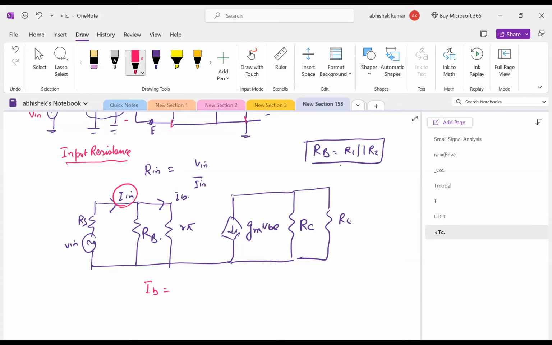So it's RS divided by RB parallel to R pi plus RS into, sorry, I in. Do I know IB, sir? I have to say I in based on IB. Yeah, IB is flowing through the R pi. I want I in in terms of IB. Okay, sir. Just give me a second, sir. Yeah, take your time.